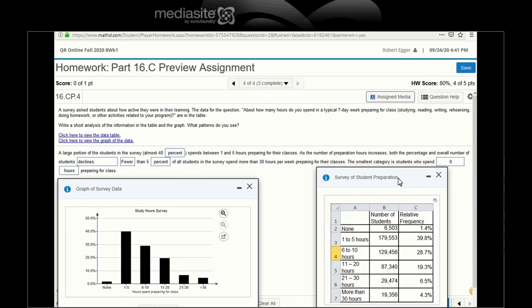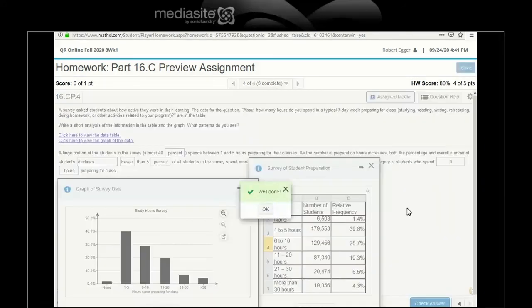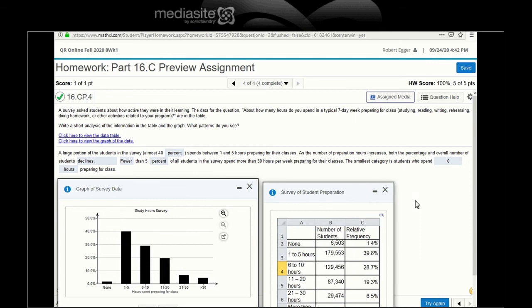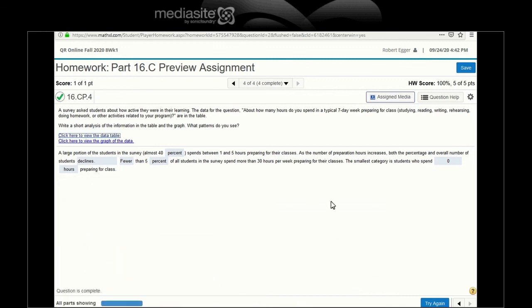That one works. Alrighty. But debate between 0 hours and 0%. 0 hours. 1.4% of the students spend 0 hours, so it would be 0 hours. All right, and that is the questions.